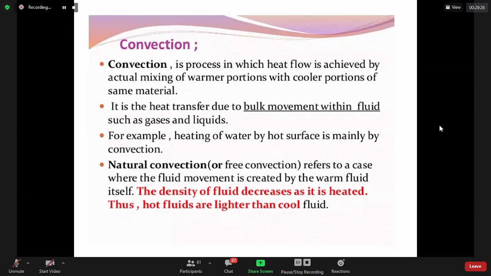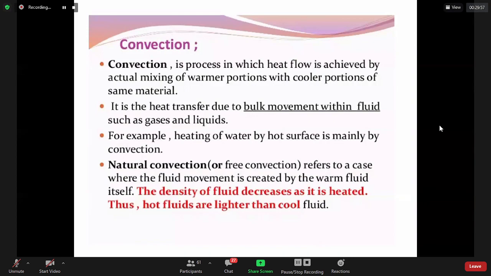In the process of mixing, they transfer heat from one region to the cooler part of the region. So it is the heat transfer due to bulk movement within the fluid. And we saw last time that fluids include gases and liquids. For example, heating water by a hot surface is mainly by convection.